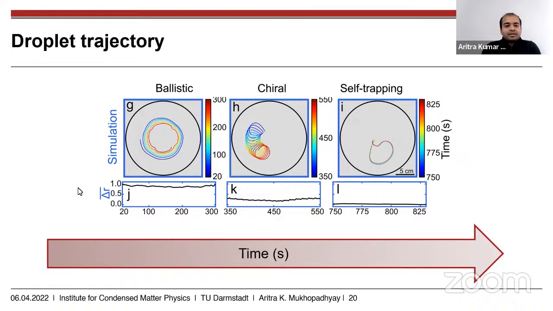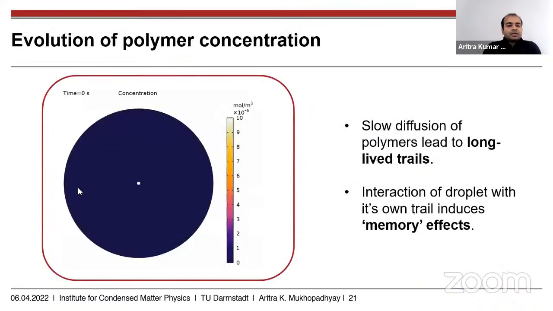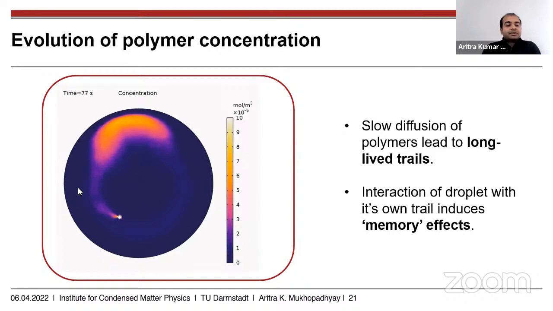To understand this transition, it is important to see how the chemical or polymer concentration evolves within the Petri dish. So let's see. Initially, the droplet moves and gives off the trail, and because the diffusion coefficient is extremely small compared to the advection, the trail is almost localized behind the droplet.